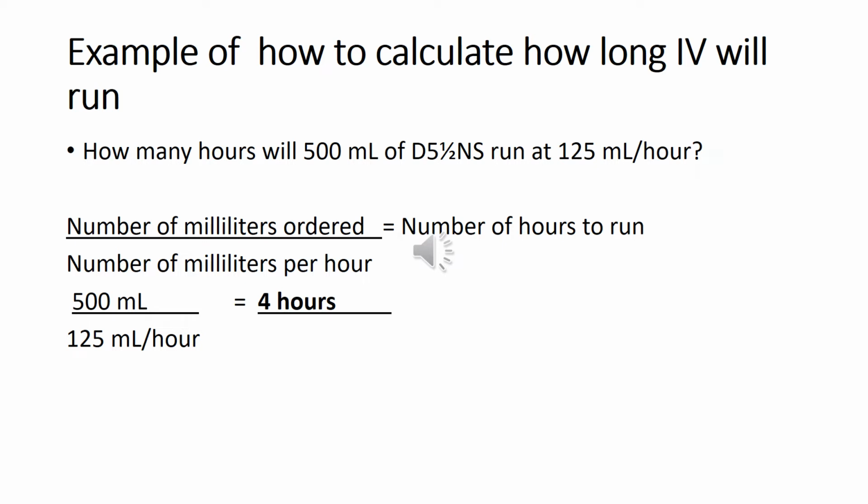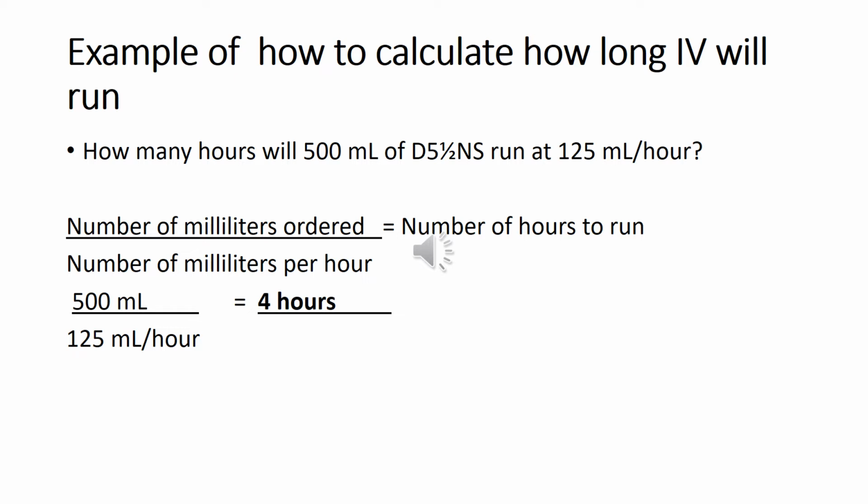So what you're going to do, with the formula here, you've got the number of milliliters ordered, which is the 500, and then you need to know the number of milliliters per hour, which the doctor has also put in there, which is 125 mils per hour. So you're going to put that under the 500 and do a basic division.